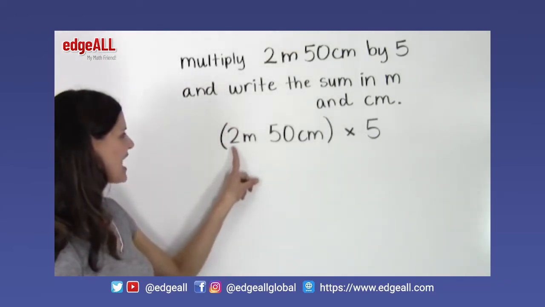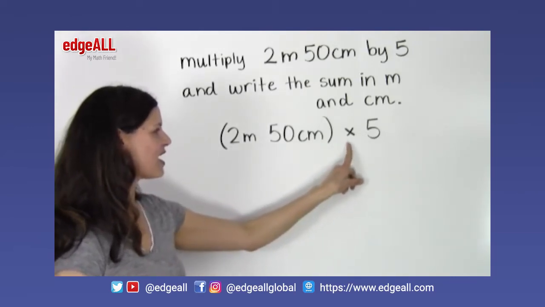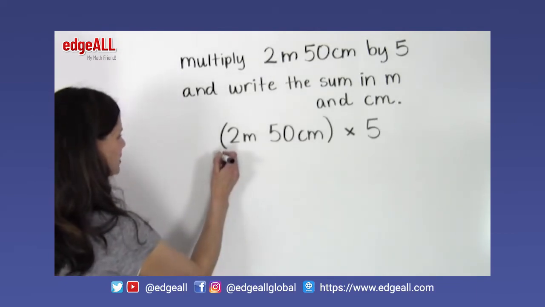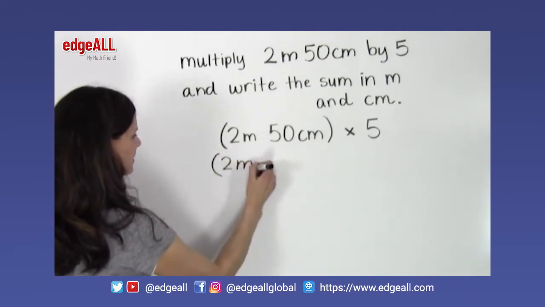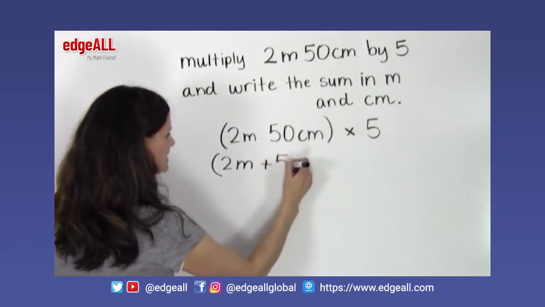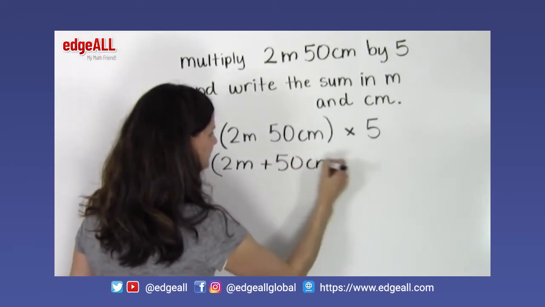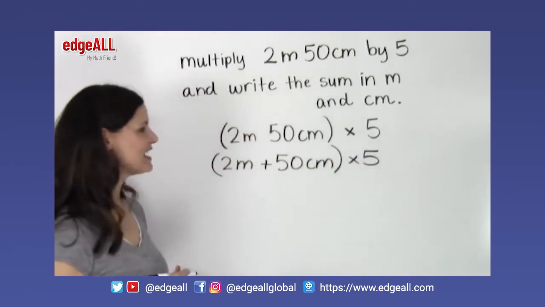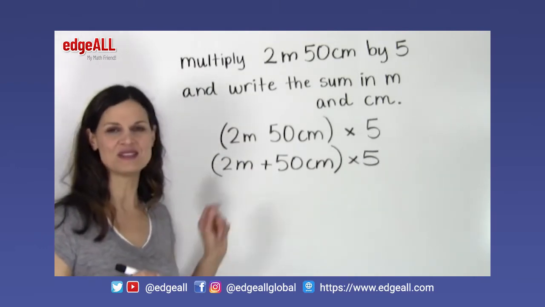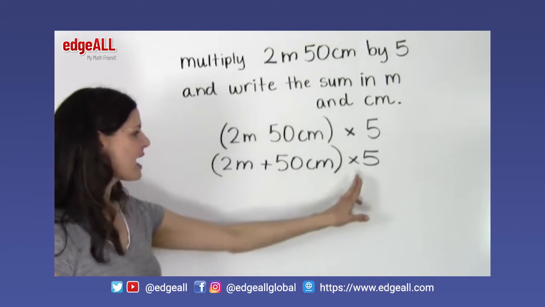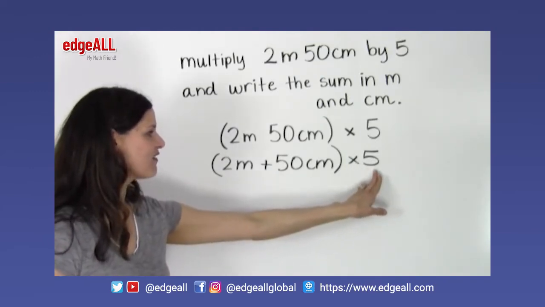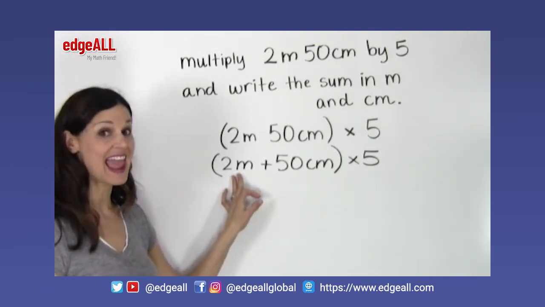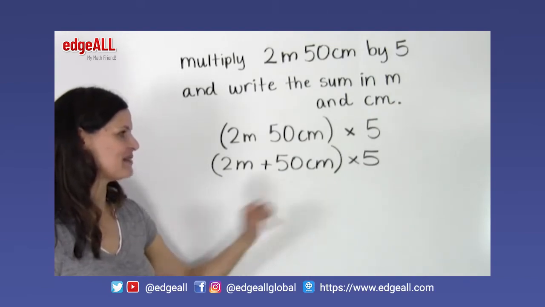So what I have is 2 meters 50 centimeters, and I want to multiply this by 5. I'm going to rewrite 2 meters 50 centimeters as 2 meters plus 50 centimeters, multiplied by 5. Now here is where our property of distribution is going to come in. I'm going to multiply the 5 with the 2 meters and with the 50 centimeters.